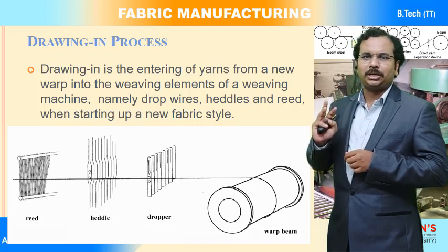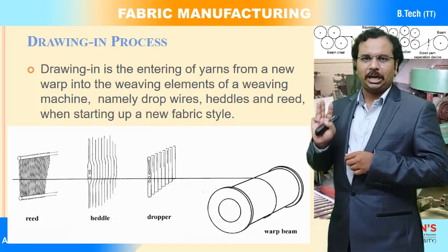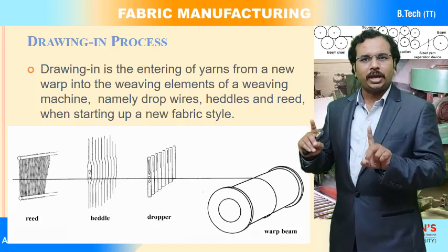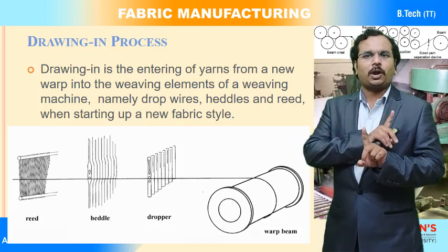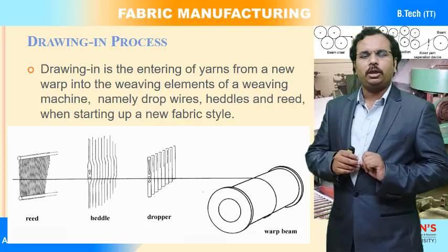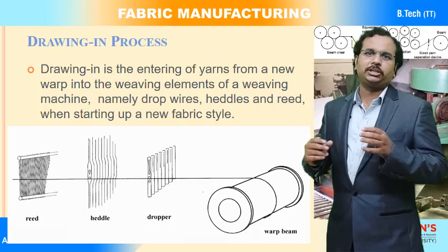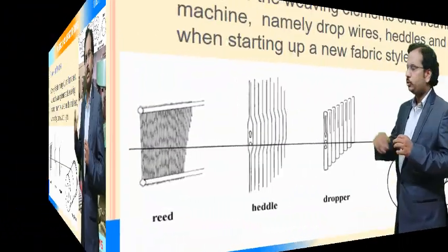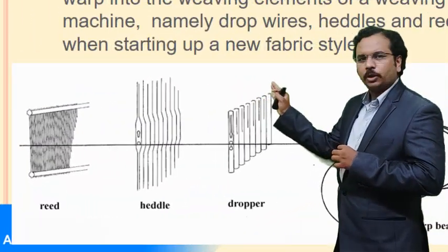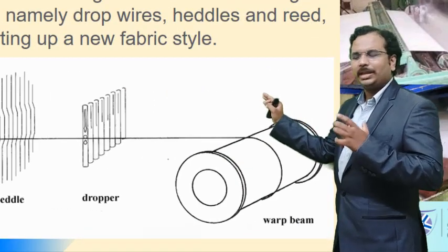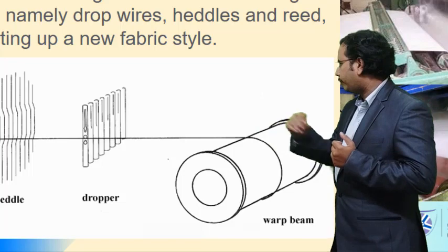There are three major elements: the first is drop wires, the second is heddle wires, and the third is reed dents. Let us see their functions individually. Here there is a warp beam, and for understanding, we have taken one end from the warp beam.